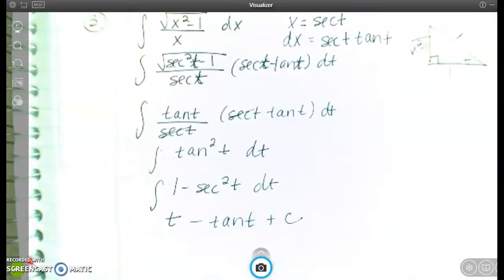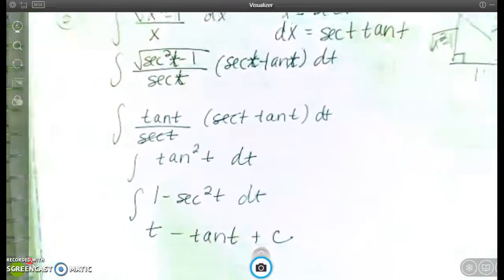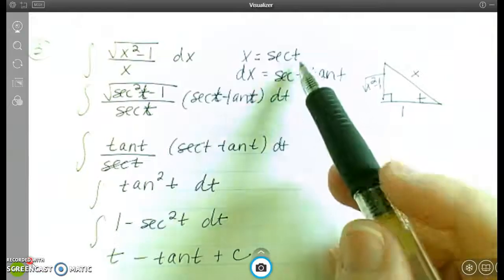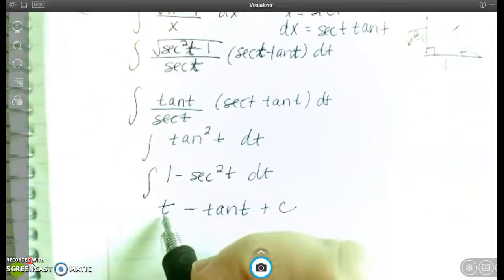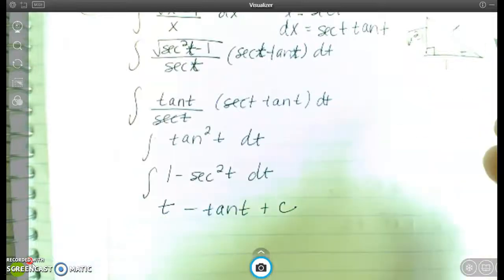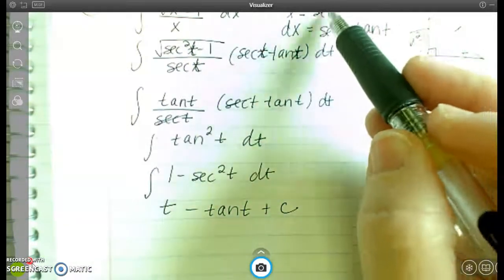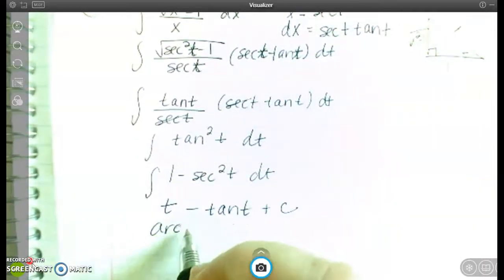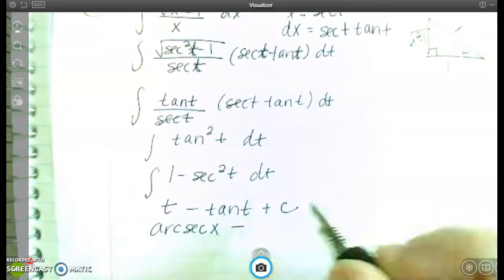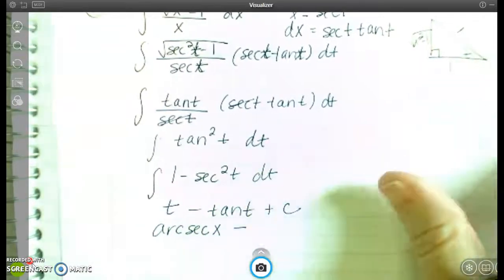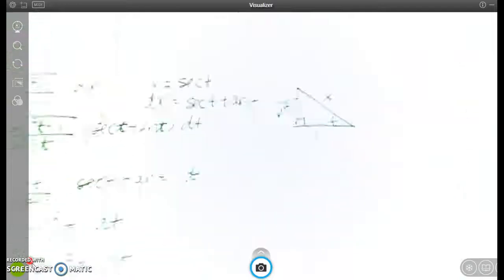And then all we have to do now is go back to that substitution and figure out what's going on here. So we know that x is secant of t. So when I solve for t, I have to do it with the angle, which means I'm doing the arc secant of x, kind of like on the last problem. So t is arc secant of x. Alright, we're doing tangent. Tangent is opposite over adjacent.